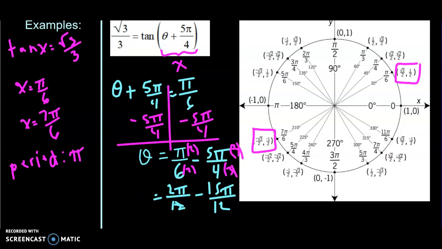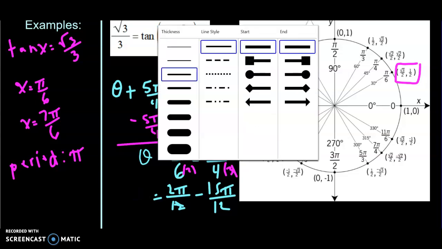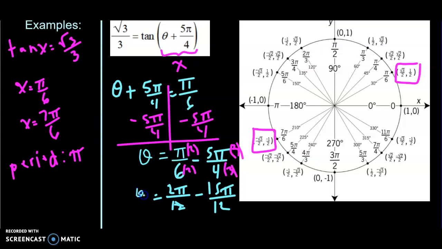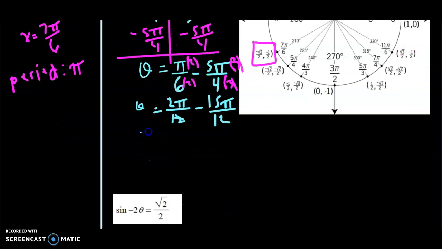So what does that equal? If I subtract those, I have theta equals negative 13 pi over 12.